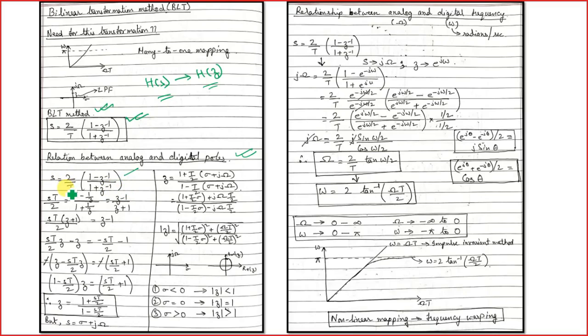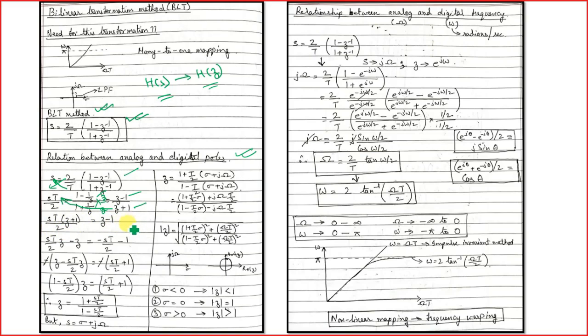Now if you take this T and 2 over here, we get sT by 2 equal to (1 minus 1 by z) divided by (1 plus 1 by z). Now if you multiply the numerator and the denominator with z, we get (z minus 1) divided by (z plus 1). After that you take this (z plus 1) on the left hand side, so we get sT multiplied by (z plus 1) divided by 2 equal to z minus 1.